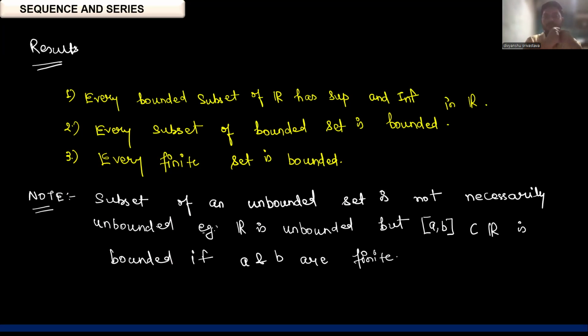Note says that a subset of an unbounded set is not necessarily unbounded. That is, R is unbounded but A, B contained in R is bounded if A and B are finite.